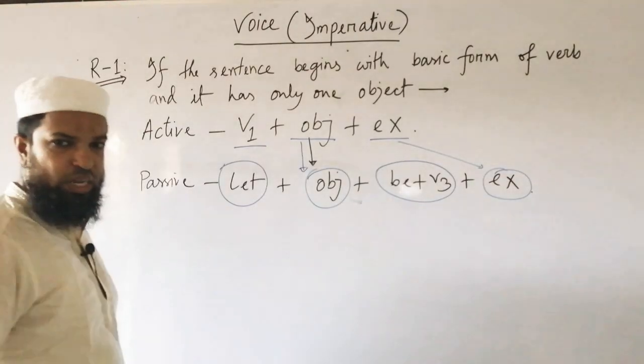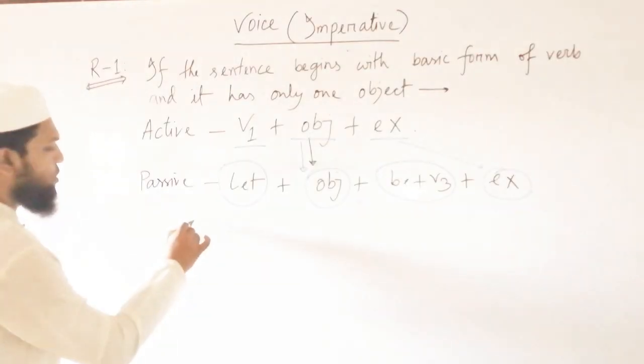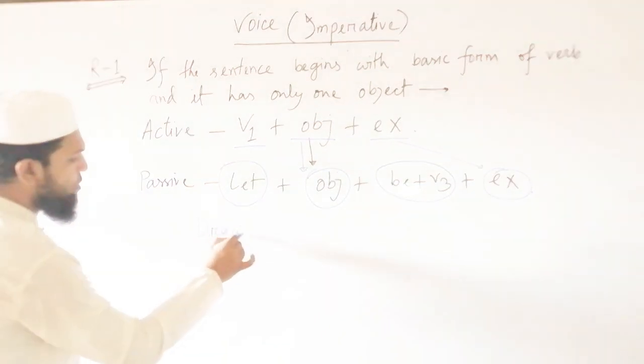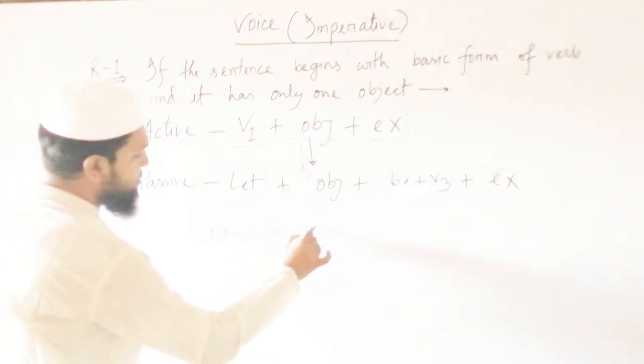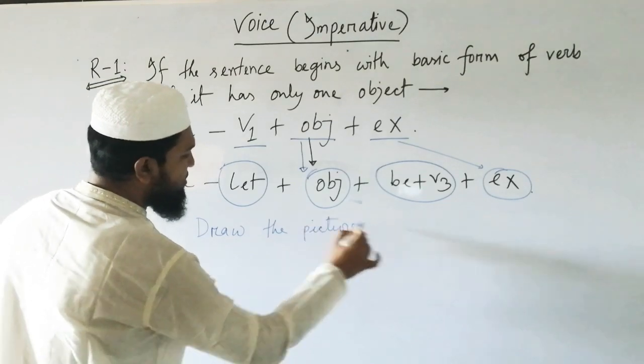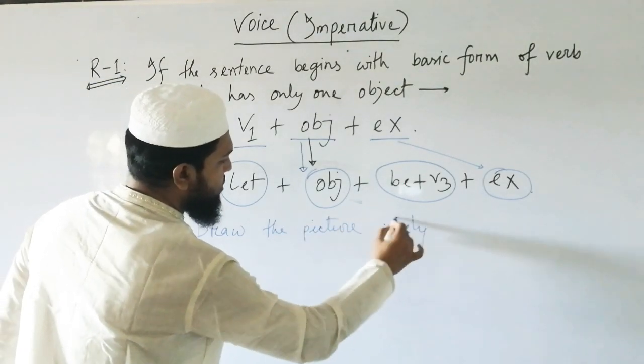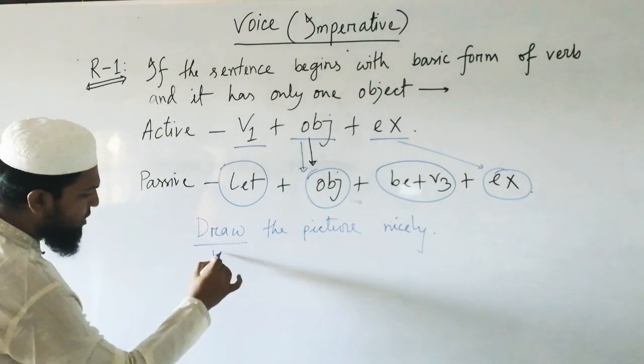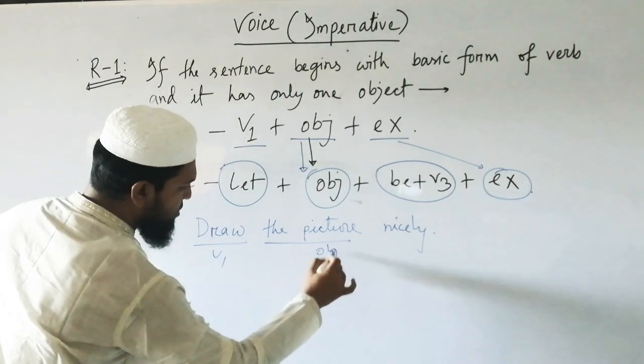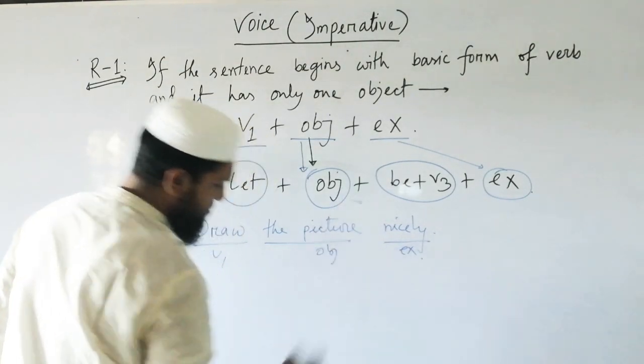I am giving 1 or 2 examples. Draw the picture nicely. It is the verb 1, it is the object, and it is extension.